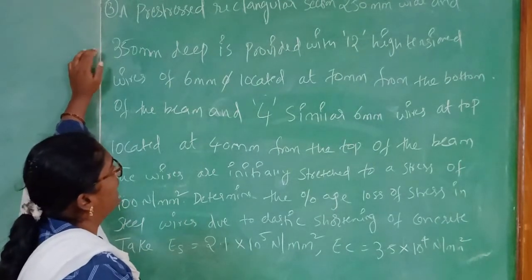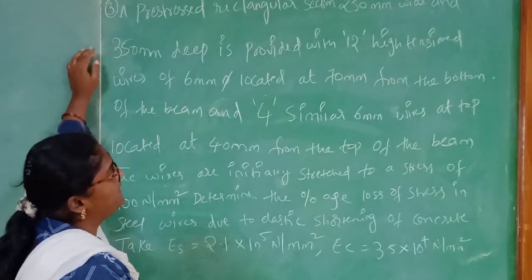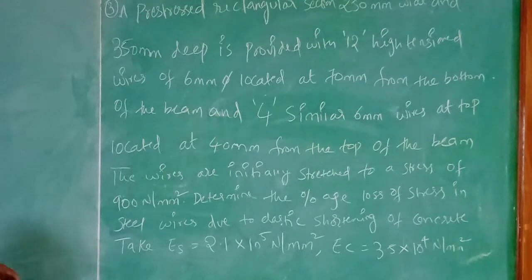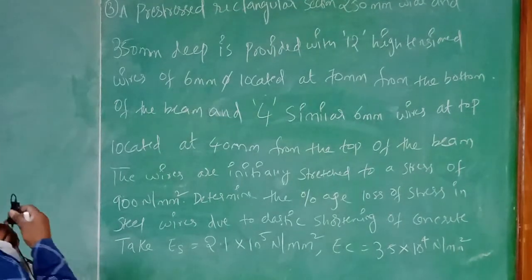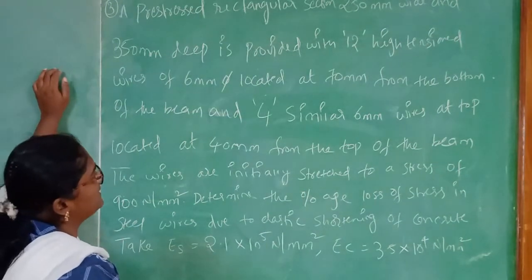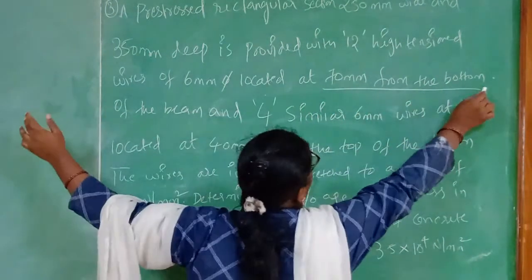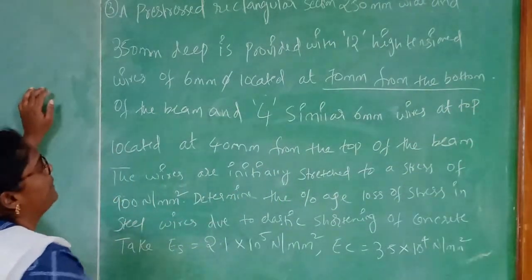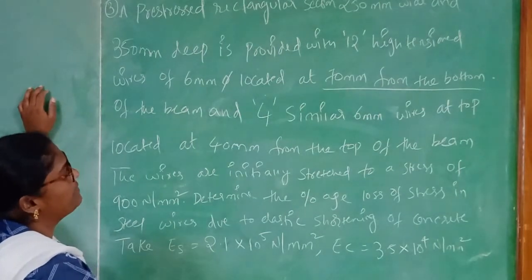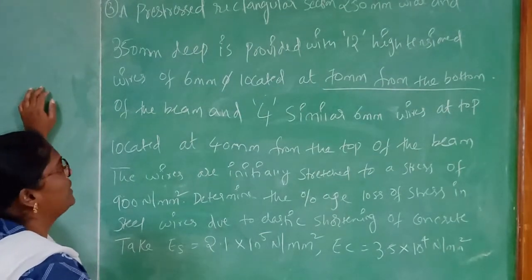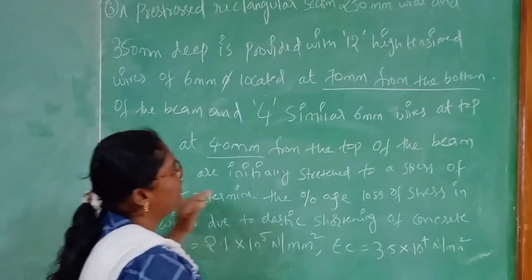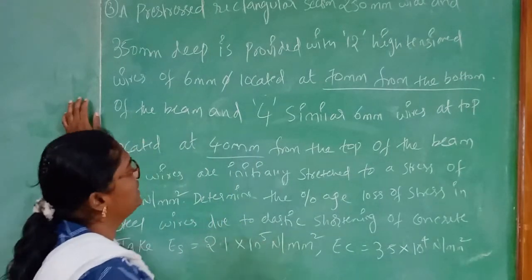mm deep, provided with 12 high tension wires of 6 mm dia located at 70 mm from the bottom of the beam, and 4 similar 6 mm dia wires at the top located at 40 mm from the top of the beam.